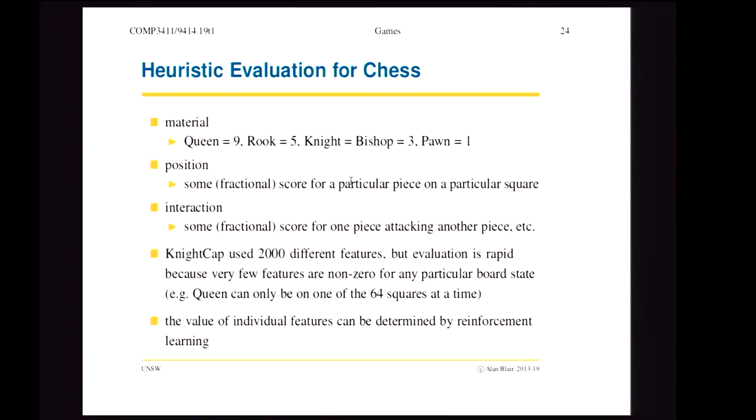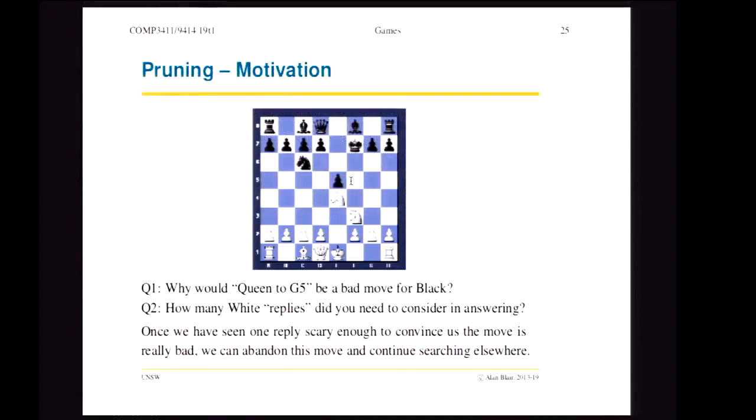And just as an aside, Nightcap, which is one example of such a program, the evaluation is very fast because there's perhaps 2,000 different features, but for any given position, only some of them are active. So I've got 64 different values for the knight being on 64 different squares, but when I look at a particular position, I just say, okay, there's a knight here, so I look in the lookup table for the value of the knight being on that square.